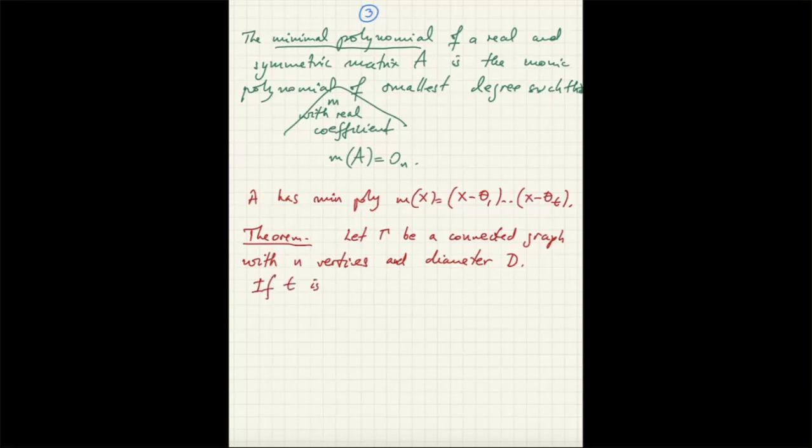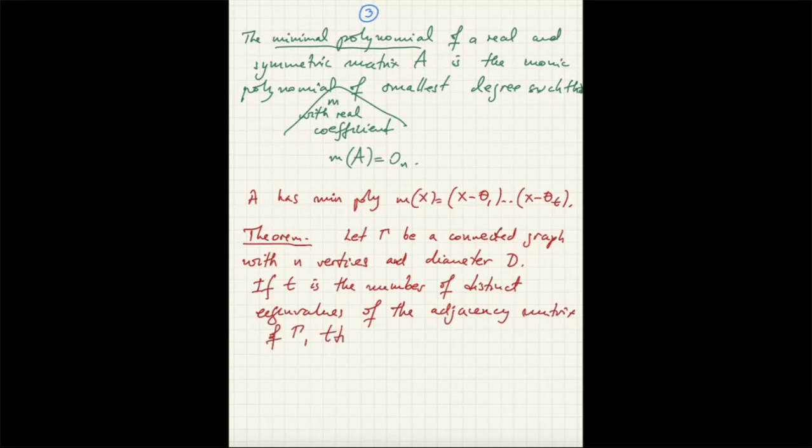If t is the number of distinct eigenvalues of the adjacency matrix of gamma, then the diameter d is less than or equal to t minus 1. If we denote the diameter of the graph by diam(gamma), this is less than or equal to t minus 1. So d and diam are the same.